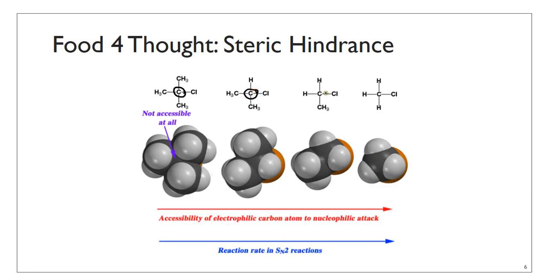But anyway, if you actually want to react to this carbon, it's actually very hard because of all the other atoms around it that essentially shield the carbon atom inside. So this is probably a more advanced version of correct orientation, but even with these molecules, you have to know where you're supposed to attack the carbon atom. Otherwise, you're not going to have a reaction at all. Once again, steric hindrance is not a VCE concept, but I think it allows you to see the importance of correct orientation a little bit more.